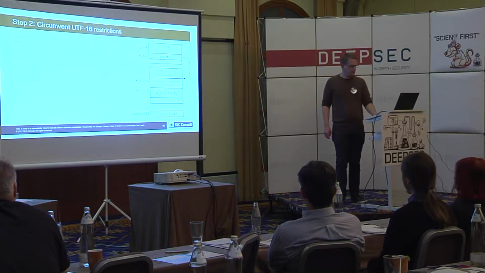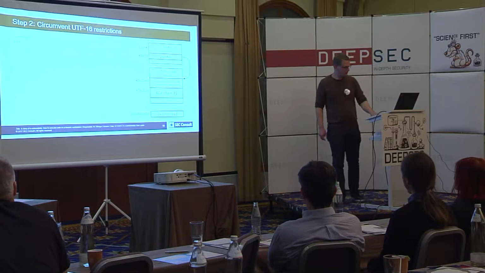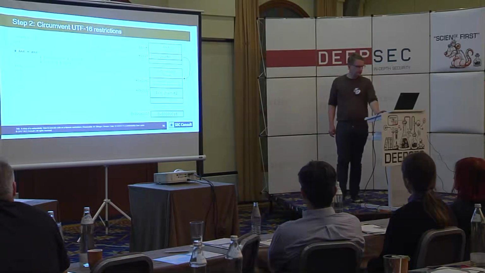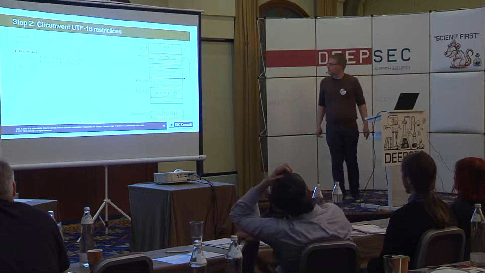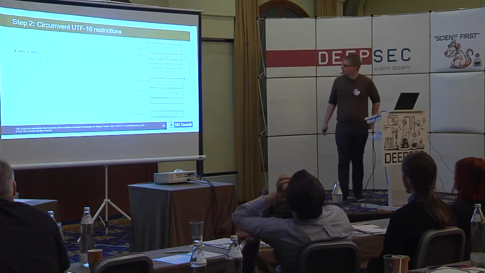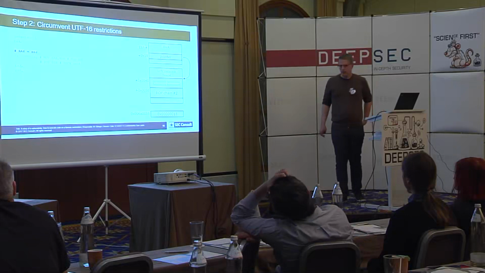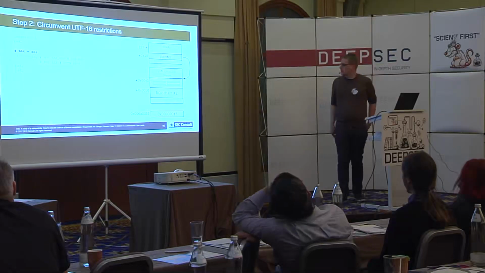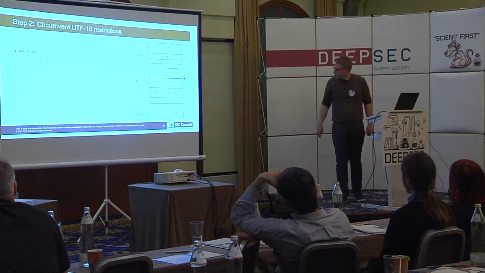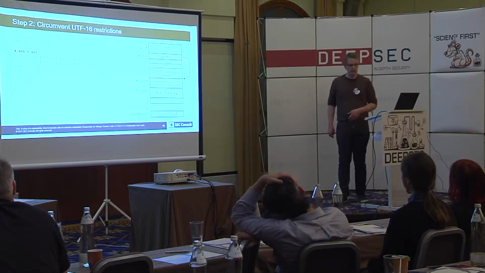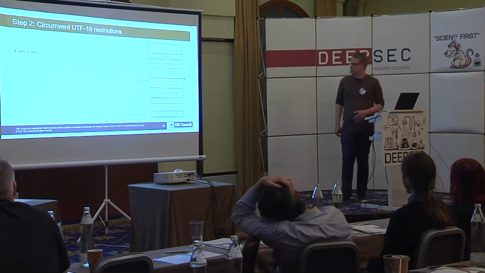So here you can see the gadgets that we use. On the top you can see the stack. In the middle there is the memory region where the second ROP chain is located, and on the bottom there is a memory region that contains the value 118 hex.